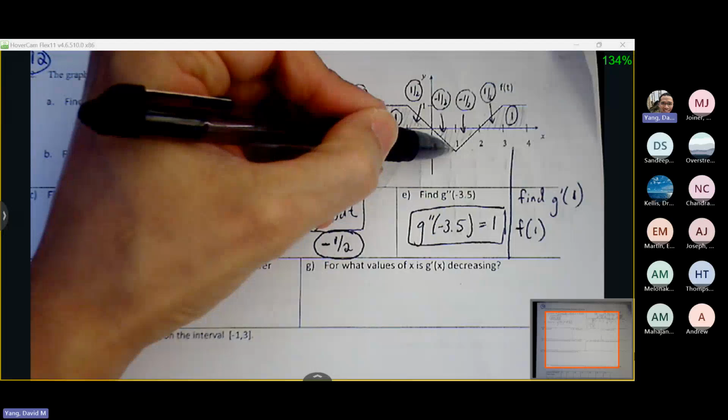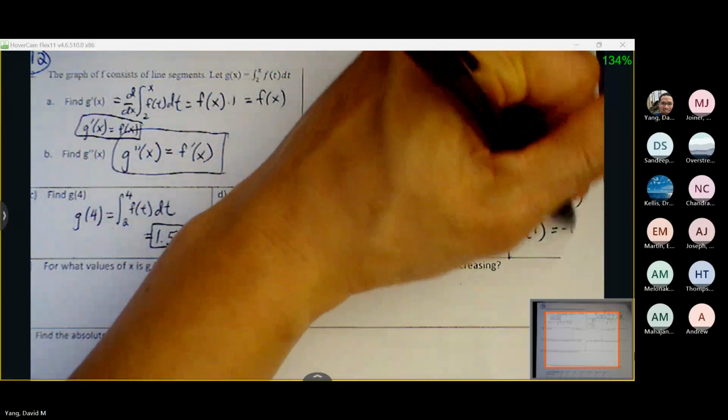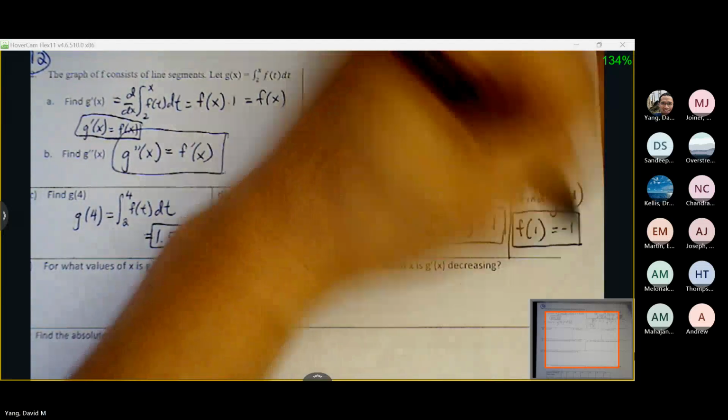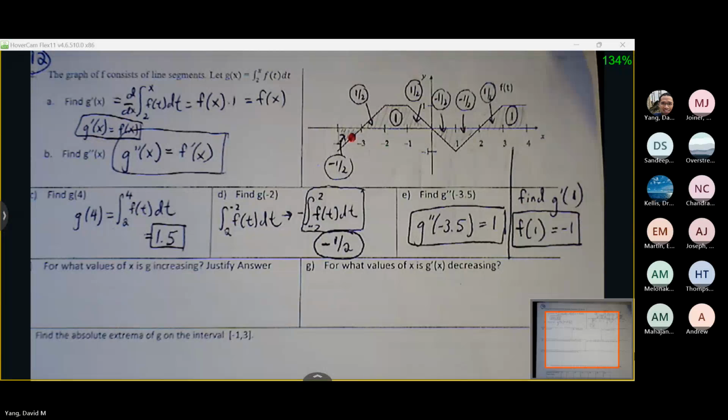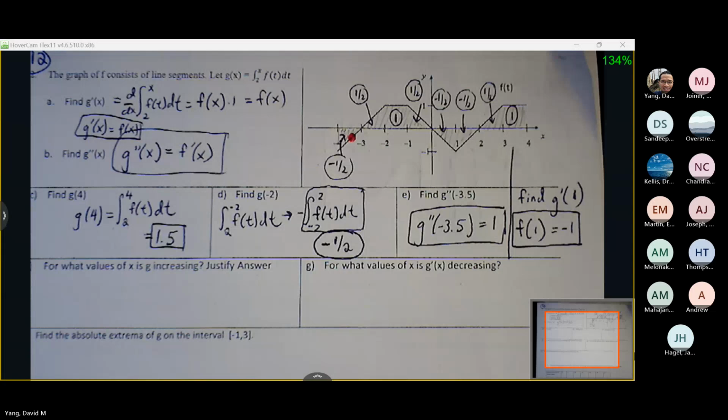So F of 1 would be -1. Any questions so far?